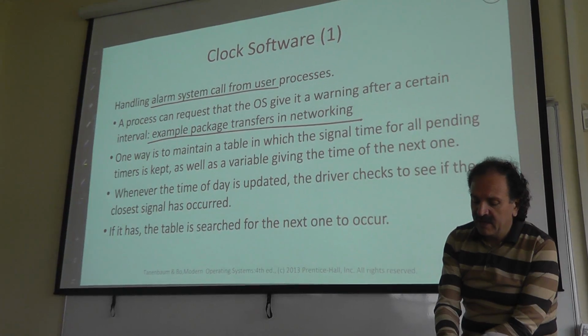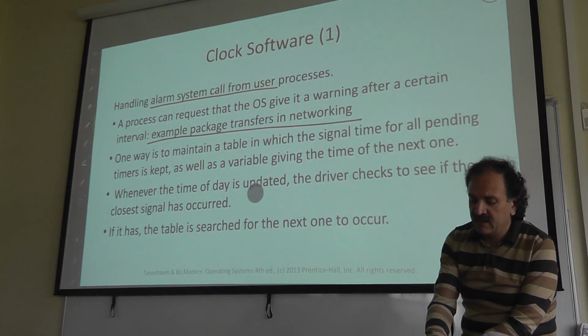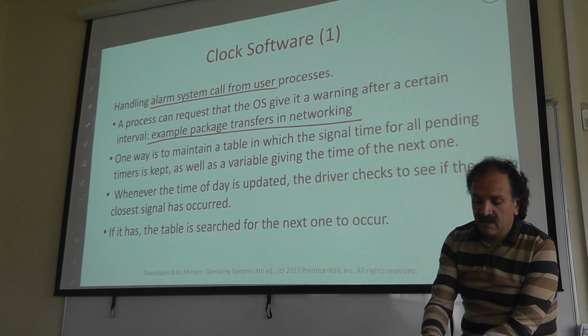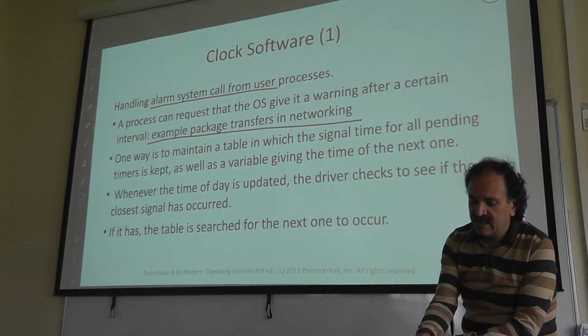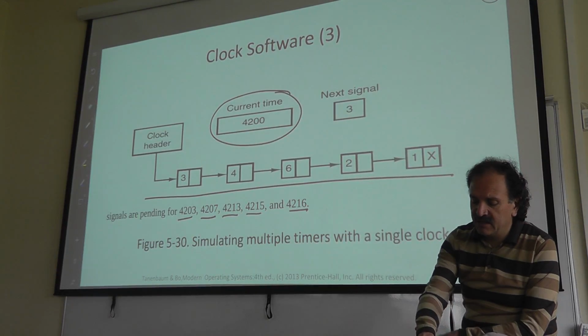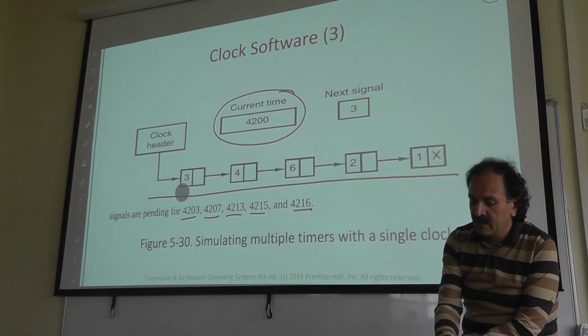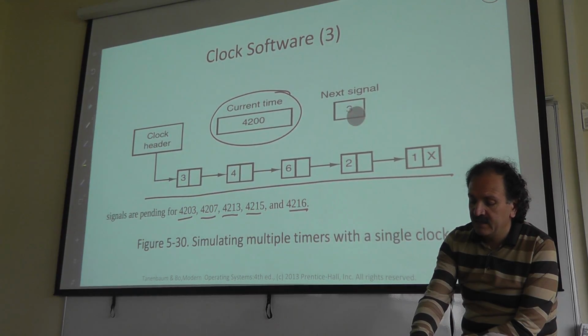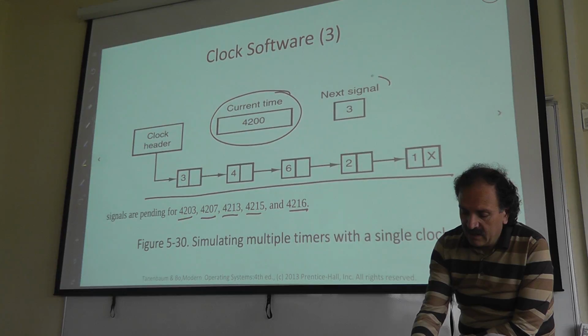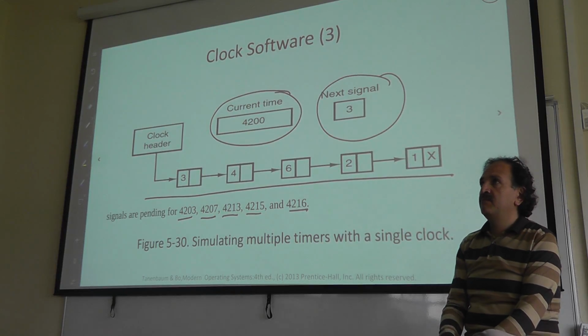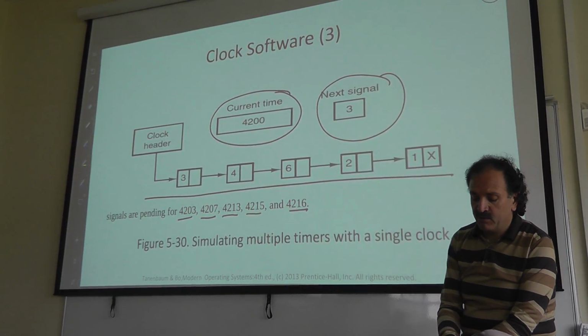So the clock hardware, whenever the time of the day is updated, the driver checks to see if the closest signal has occurred. The driver comes here and looks at this one. It says next signal is in 3. This is how much time before I wake up or signal a process.